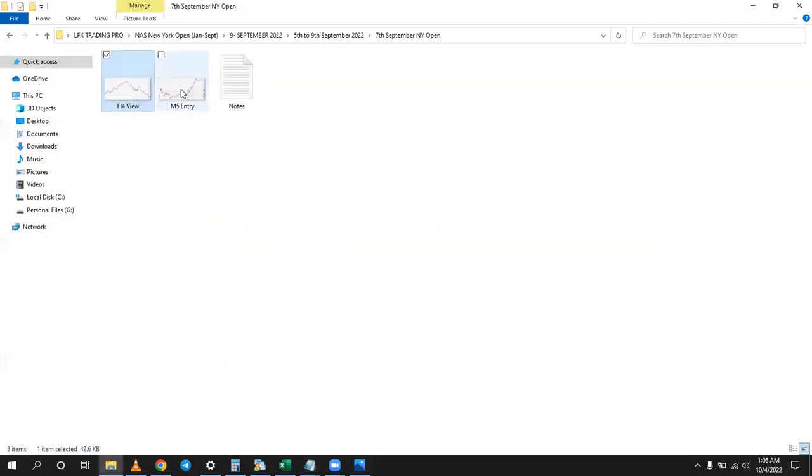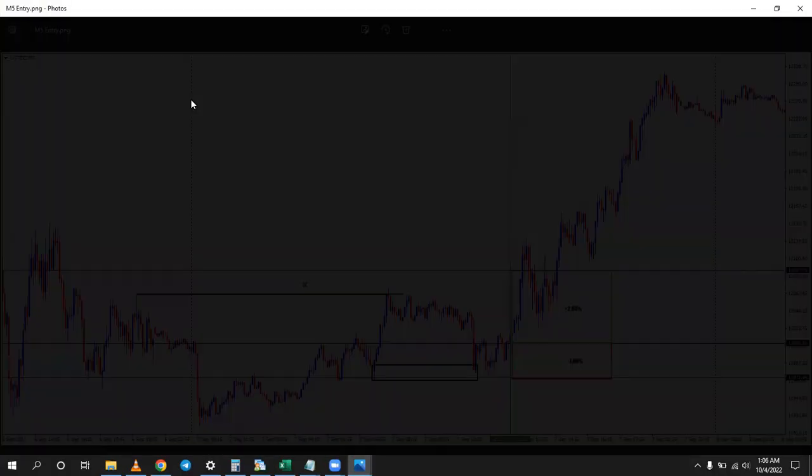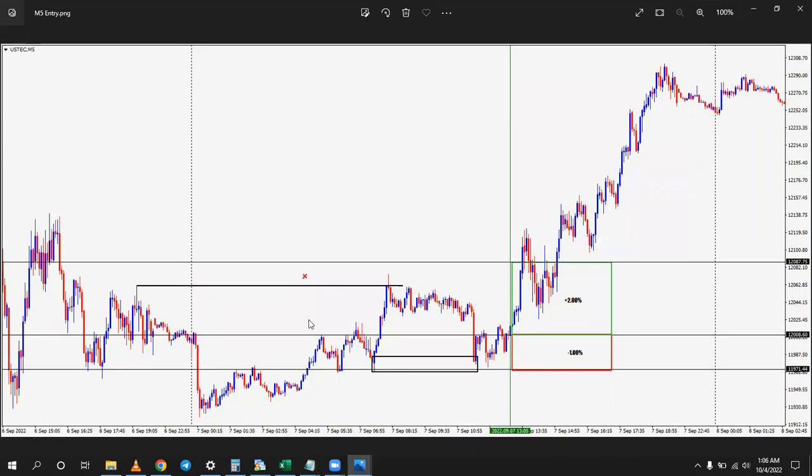So let me open M5. So now as you can see under M5, we have the breaker, and then we have aperture price, then notice price tests a decision point area, right? So now meaning here, now this was before the open, right? So meaning here we had to look out for a buy entry.